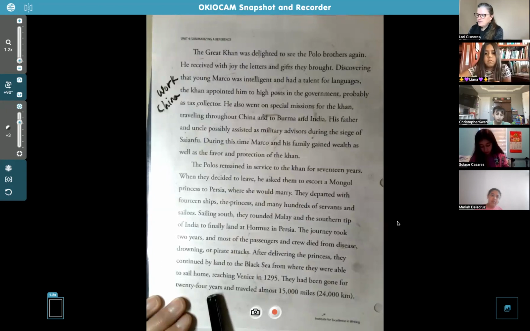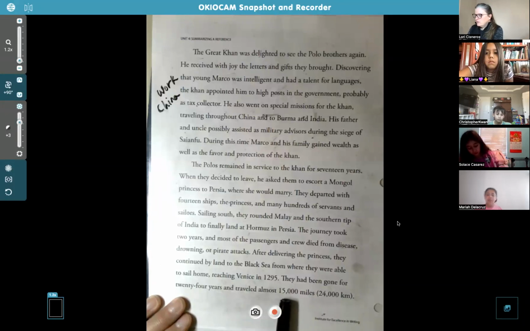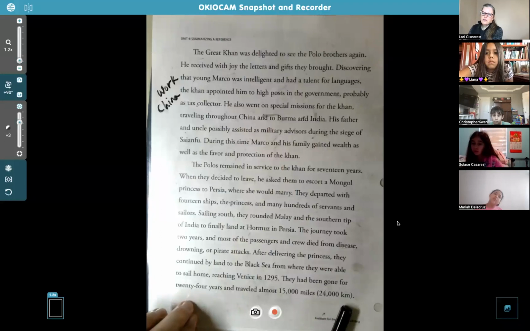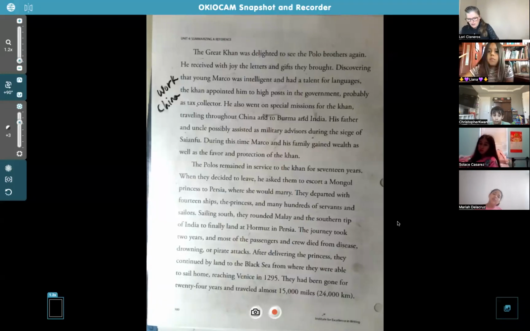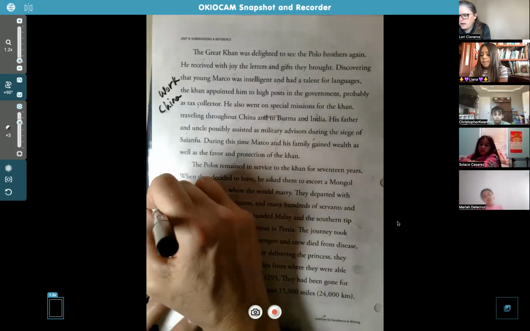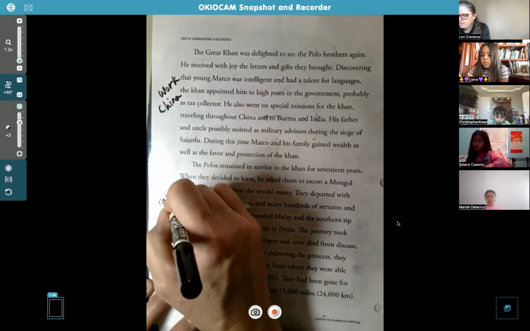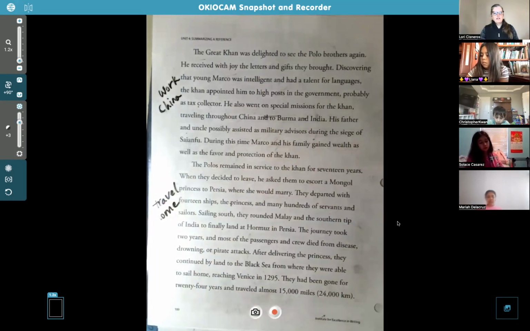That means he probably didn't see the rest of his family for a long, long time. And they traveled almost 15,000 miles or 24,000 kilometers. That's a long, long travel. So this is talking about his travel home. So go ahead and write that in the margin there, travel home.